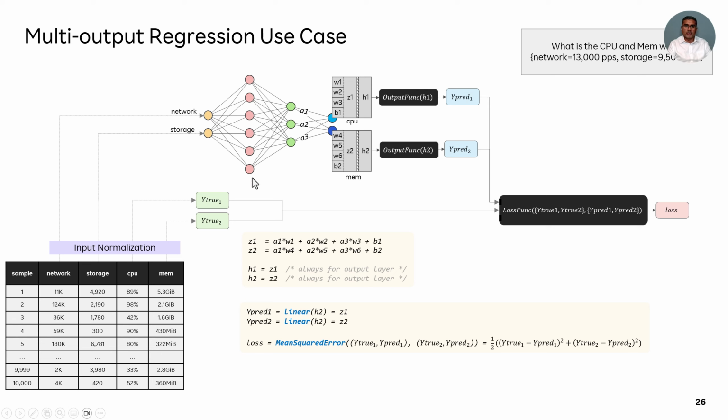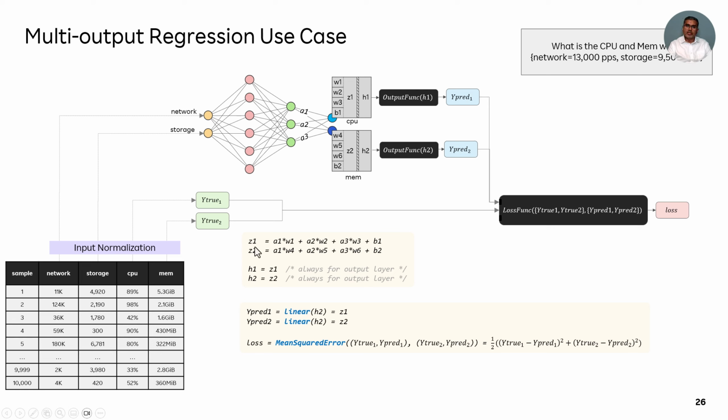As an example, I show you two layers, layer 1 and layer 2, with these numbers of neurons in them. And the output is going to be two neurons again, because CPU and memory are the two predictions you would like to make. Here, for each of these neurons, I show you the weights W1 through 3 and 4 through 6, and of course their individual biases.